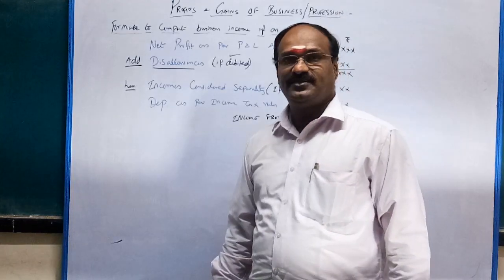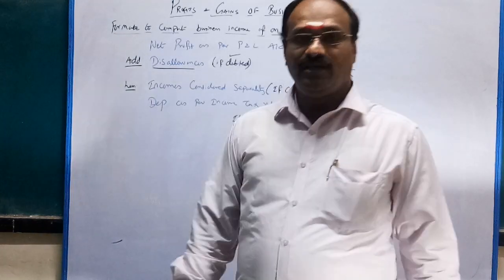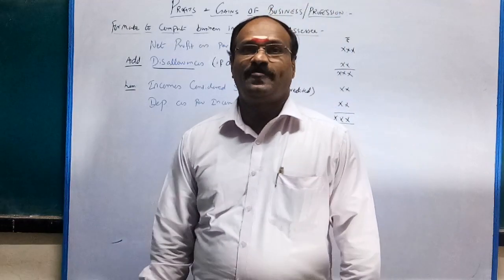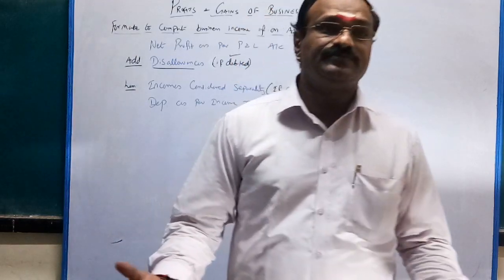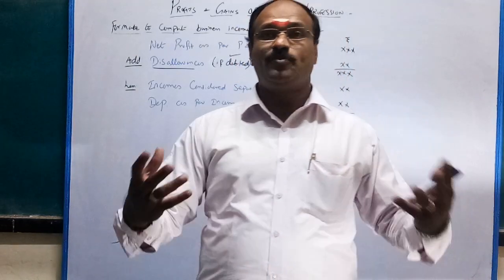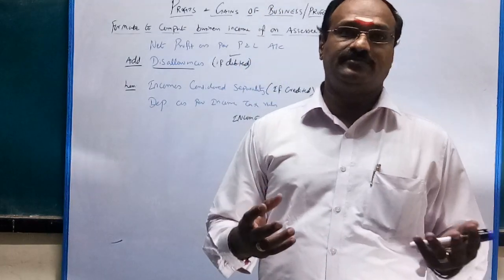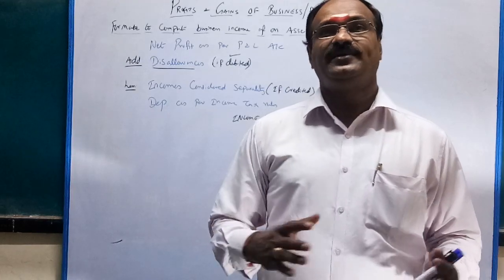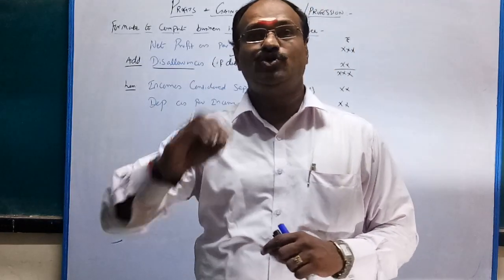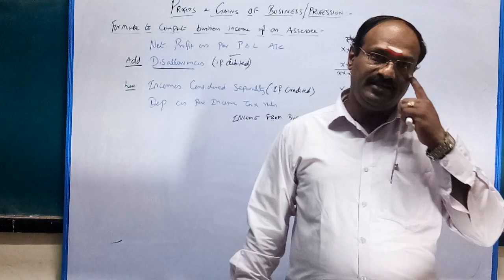See, suppose you are doing business. What is your object? To earn more profit. But as far as income tax is concerned, you have to show less profit. Listen carefully.